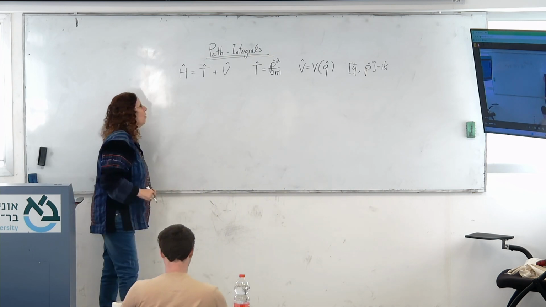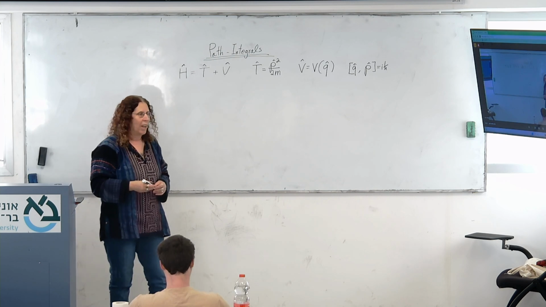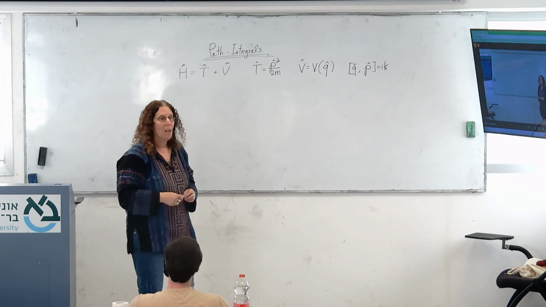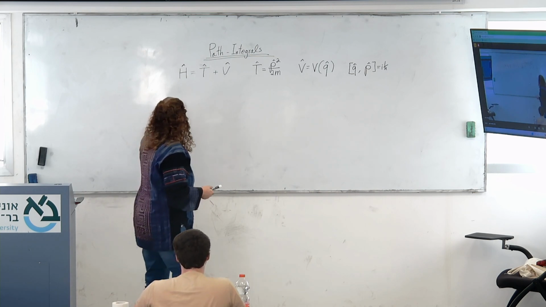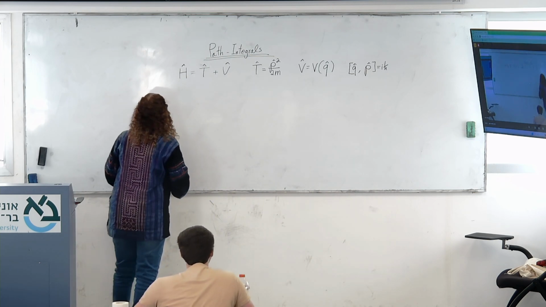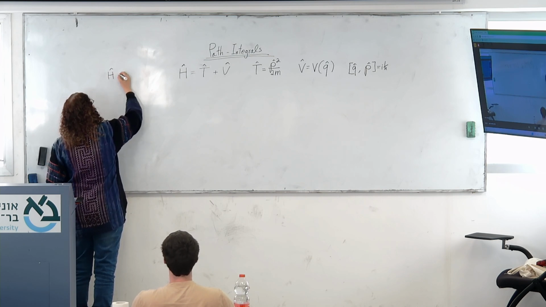Very good. So first of all, I remind you what did we do in your undergraduate courses. You learned how to solve such problems for particular choices of V. And the approach was to solve the Schrödinger equation, right?